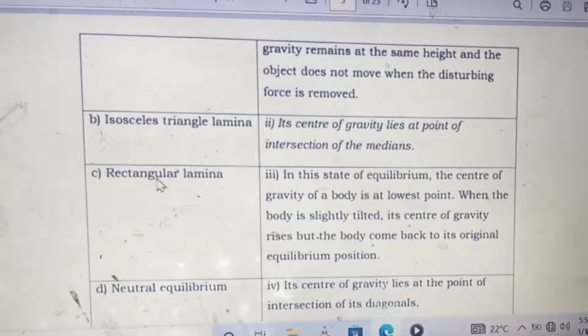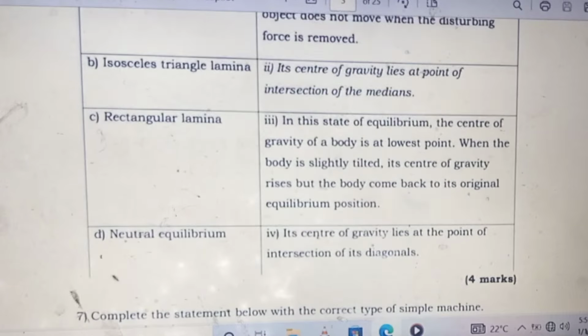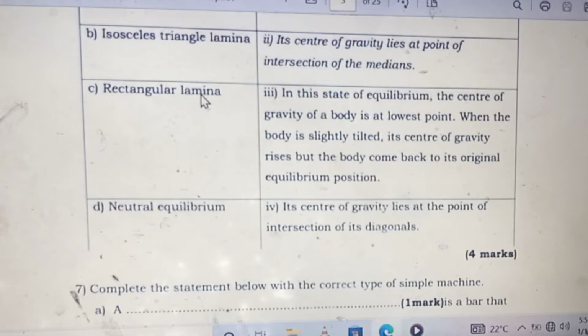C. Rectangular lamina. Match to IV. Its center of gravity lies at the point of intersection of its diagonals. D. Neutral equilibrium.